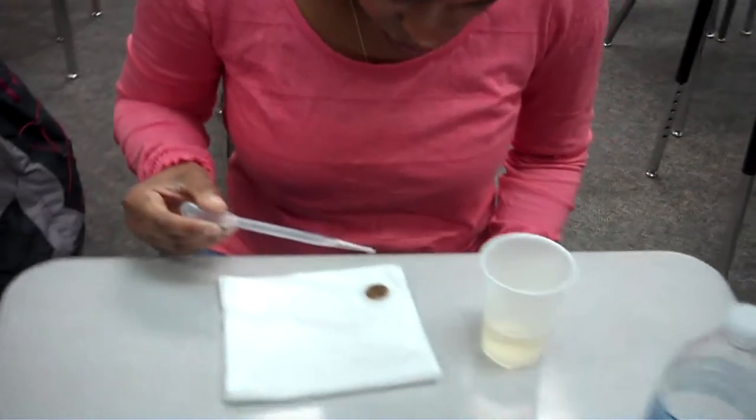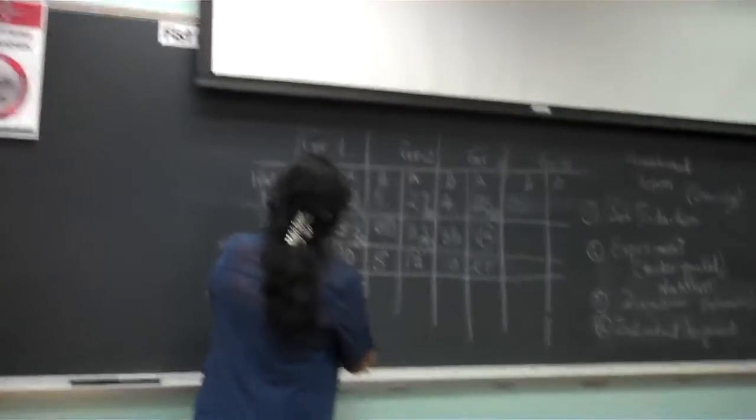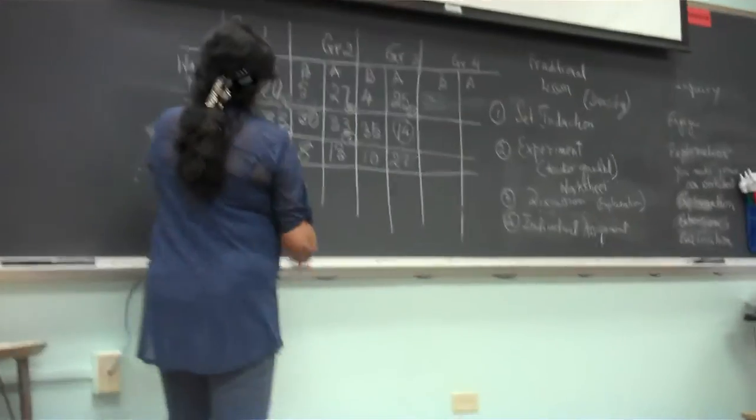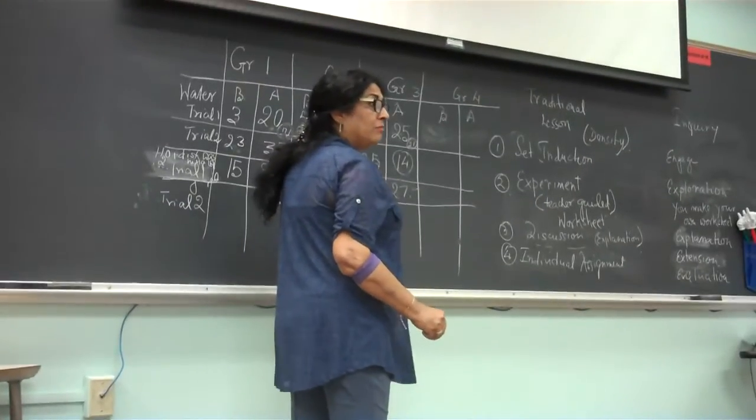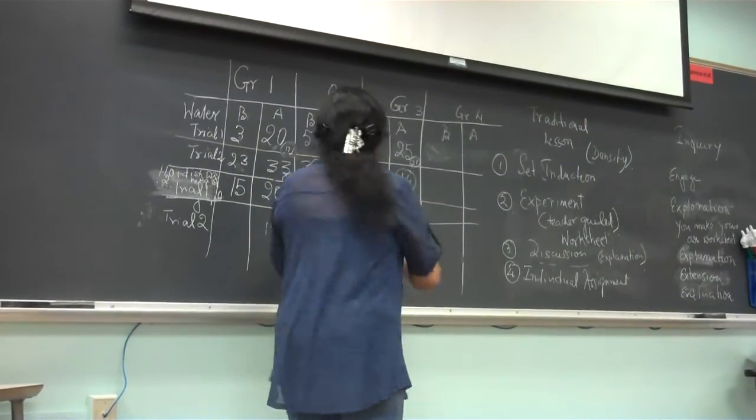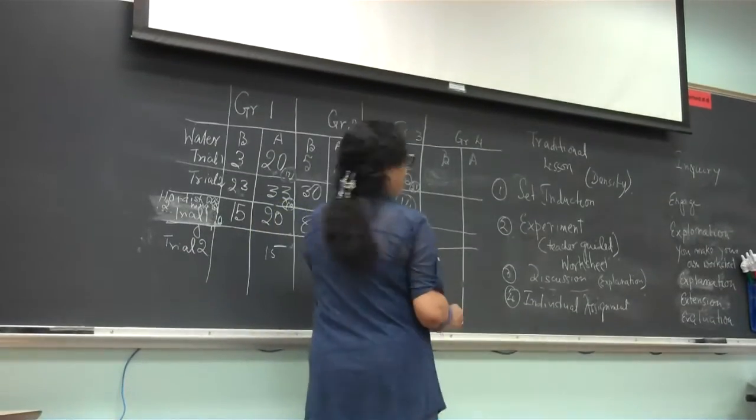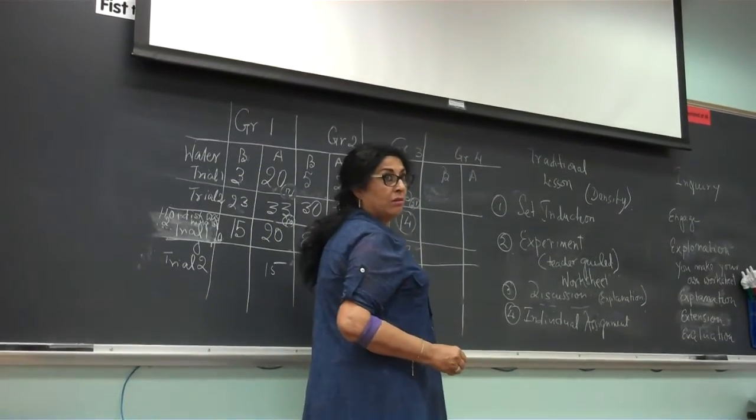What is trial 2, group 1? What is the average? 15. What is the average? 18. What is the average? 22.